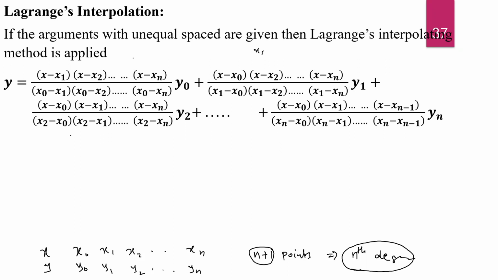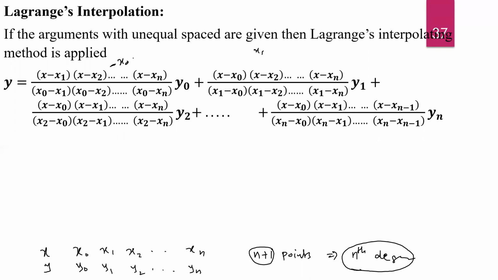now this is the x2 related term. X minus x0, x minus x1, then x minus x3; x2 is not there. In the first term, x0 is not there in the numerator. Here x1 is not there. Here x2 is not there. Dot x minus xn; the denominator is the same, only instead of x write x2, into y2, plus now this is the n plus 1 term, meaning xn is not there in the numerator.